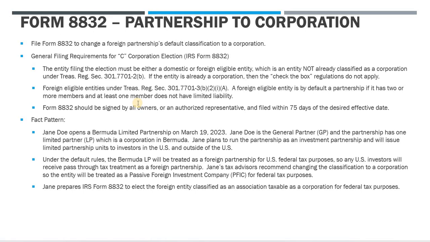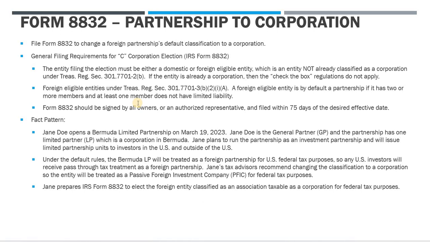And so that's why when we look at a foreign LP, depending on the country, because sometimes foreign limited partnerships would be treated as corporations, but in our case we have a Bermuda limited partnership that is a foreign eligible entity, and it is treated as a partnership by default.